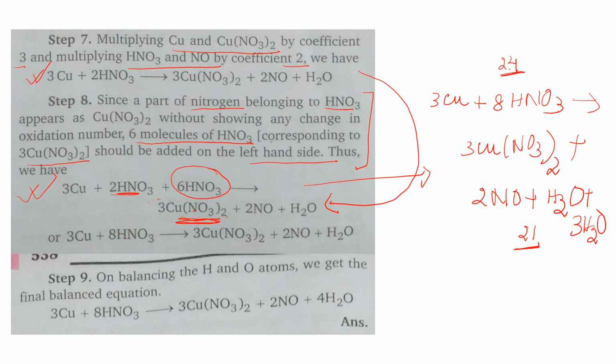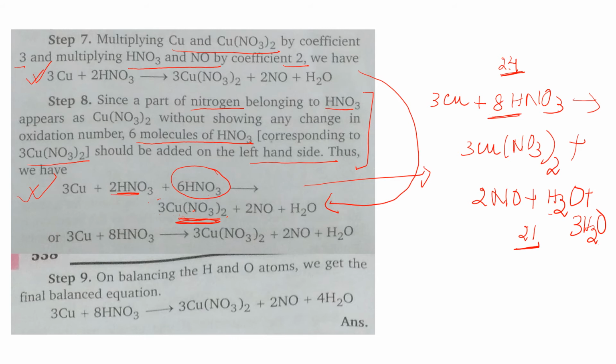Now see for hydrogen. If hydrogen is less on a side, I have to add H plus. Hydrogen on the left hand side is 8. On the right hand side it is 3 times 2 is 6 and 2, that is 8. So hydrogen is balanced and I need not do anything. So I have to add only 3H2O on the right hand side.